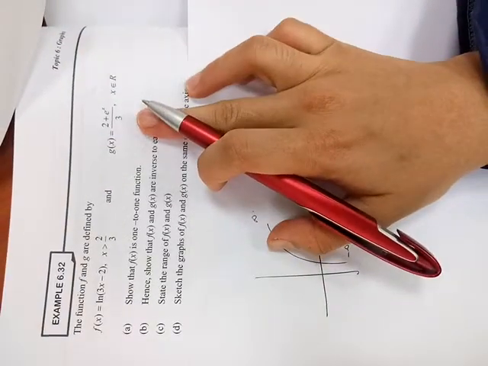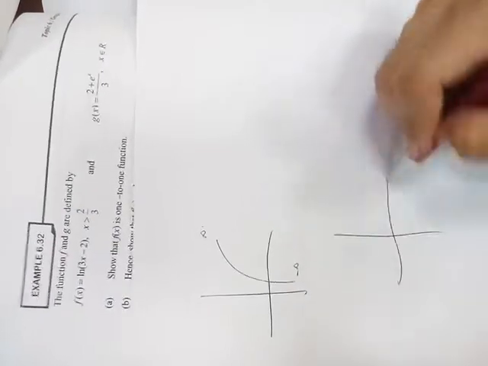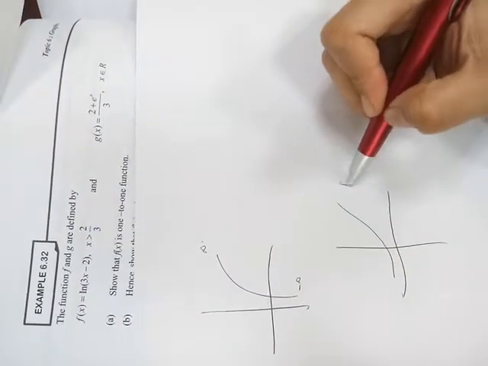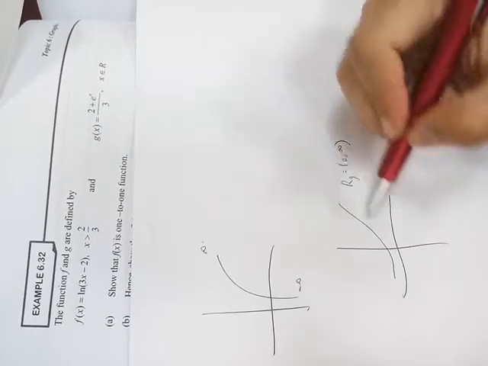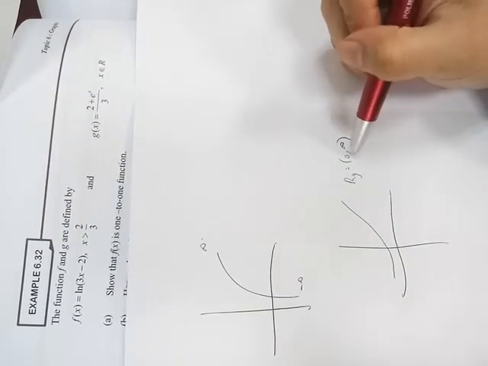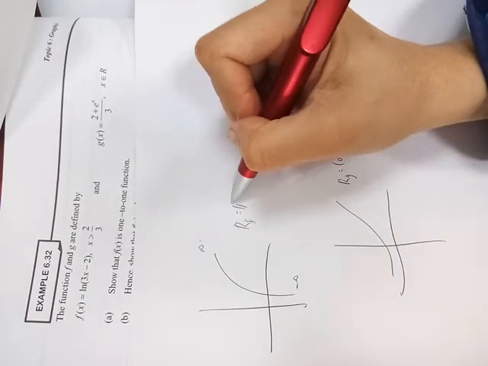And then the graph for the exponential function will be like this. We can see that the range of this one is 0 to infinity. Remember, it does not touch 0, it goes from 0 to infinity, excluding 0. And here, the range of f is real.